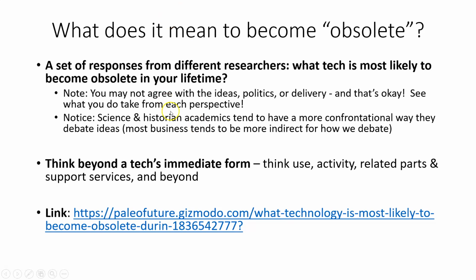If you want to read the article, something to think about is a text and media form: think use, activity, and related parts, and support services and beyond. So not just the product, but the whole ecosystem of what a product is and how it comes to be, what's supporting it, and how you are going to manage it over that lifetime.